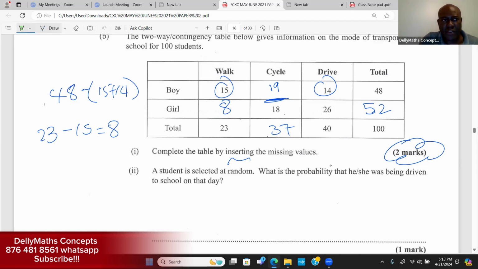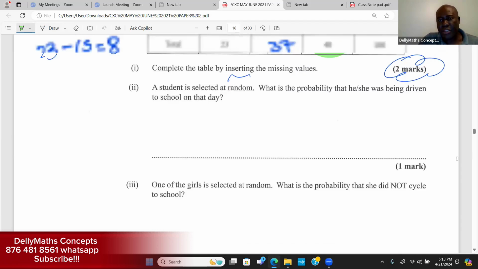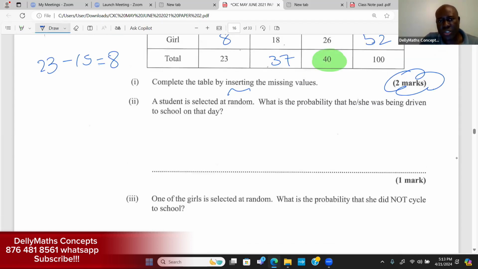The total for driven, I'll highlight it in green, is 40. So 40 students were driven out of the 100. So this is 40 over 100. Probability is the desired outcome over the total possibility. As a percentage, this is 40%.